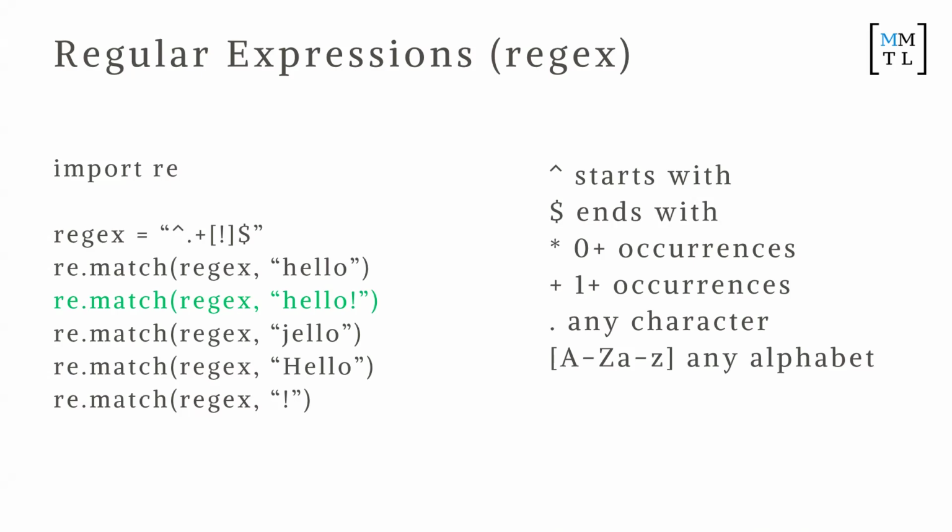Before I had a period, and it worked with the period before, which means it's unbound. So we can have any character, zero or more, any character, and then it has to eventually end.